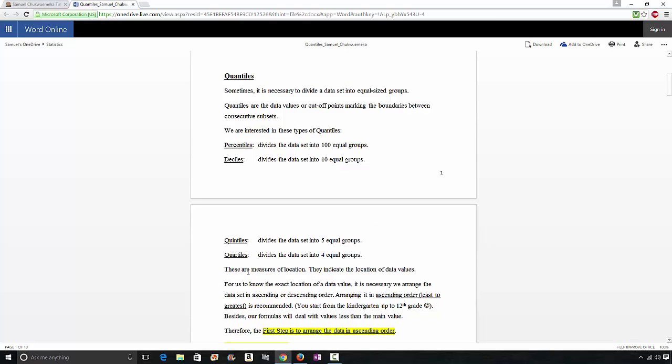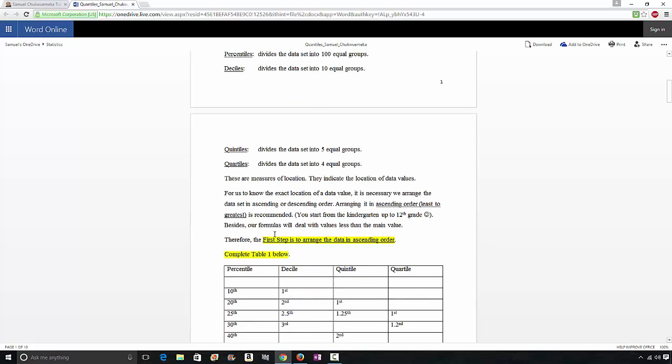These are known as the measures of location. They indicate the location of data values. Like if we ask to find the 5th percentile, what is the data value that corresponds to that 5th percentile? Or the 3rd quartile, 4th decile, and the rest of them.